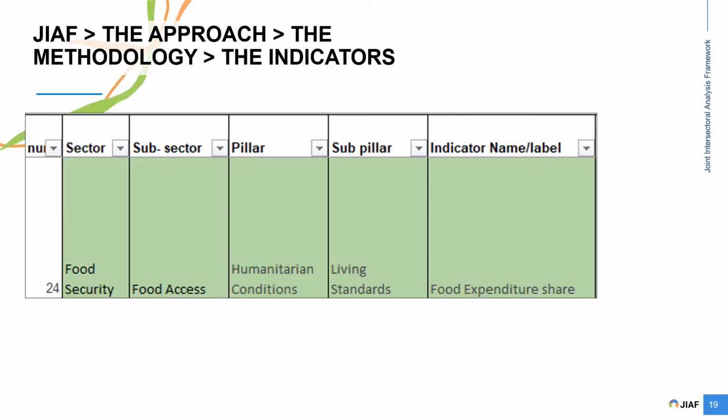The global cluster coordinators elaborated those indicators, and for each of the indicators, the information available are the sector, the subsector, which pillar the indicator fits in the JIAF framework, which subpillar, and the name of the indicator.